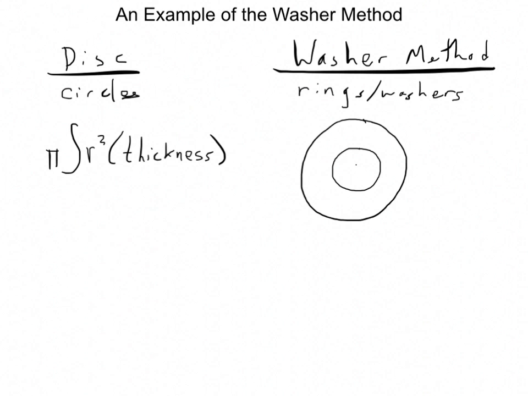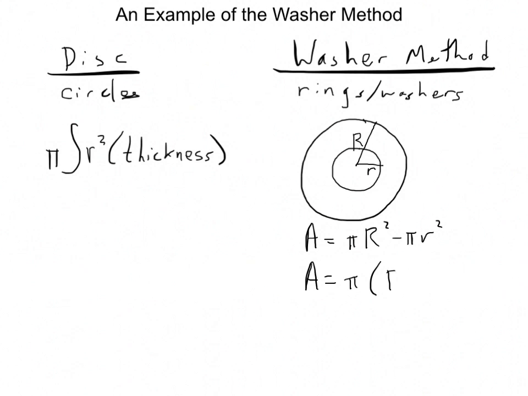If we recognize that there is an outer radius, which I'll call big R, and an inner radius, which I'll call little r, the area of a washer is just pi big R squared minus pi little r squared. That pi is the same constant, so I can pull it out and find that the area of this washer is pi times the big radius squared minus the little radius squared.